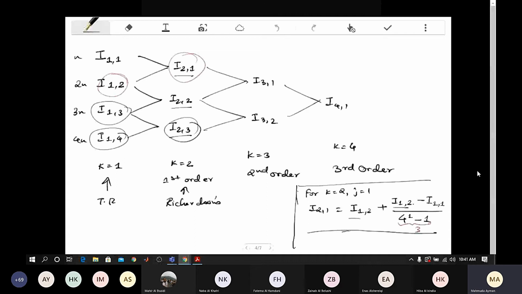For I3,1, we'll be using I2,2 and I2,1. But here, the 4 to the power k will be different, right? So k is equal to 3, so this one will be divided by 4 to the power k minus 1, which will be 15. Don't forget that.